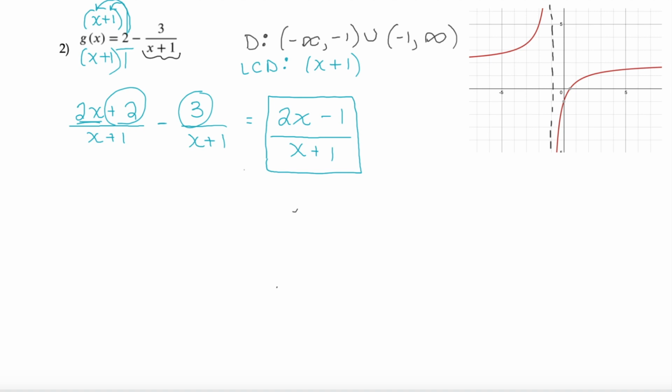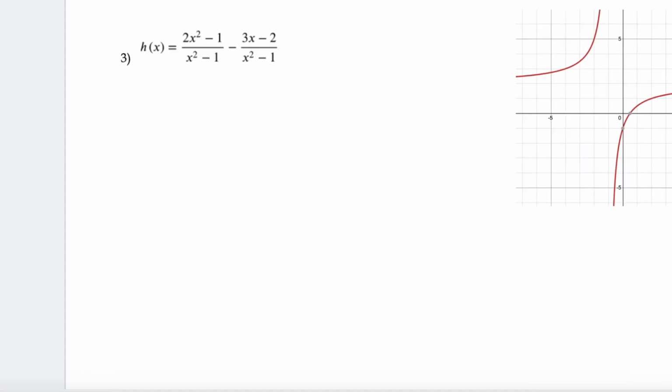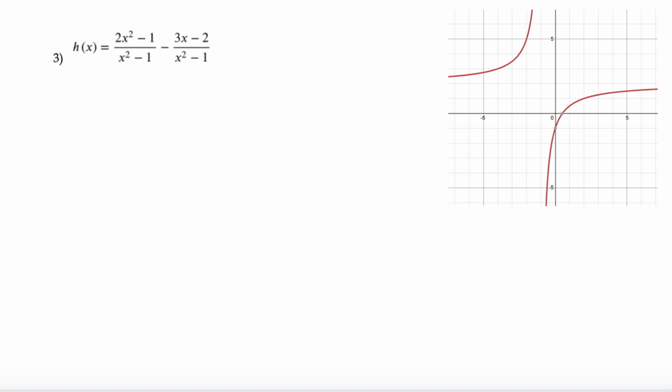Let's head over to example 3 on slide 3. They're slowly getting a little more difficult. When I'm looking at my denominators here, I do see that they have the exact same denominator.